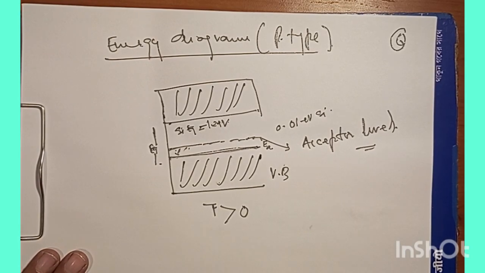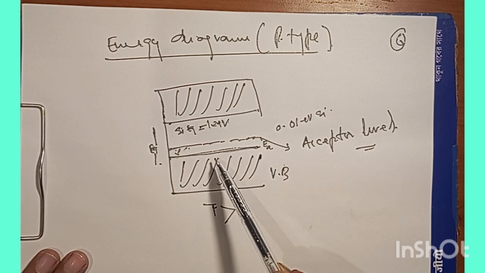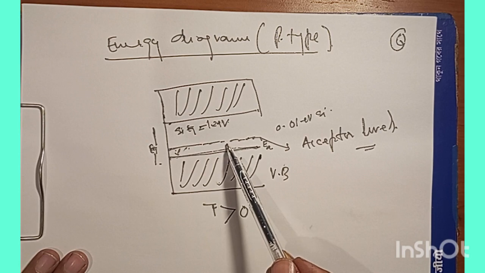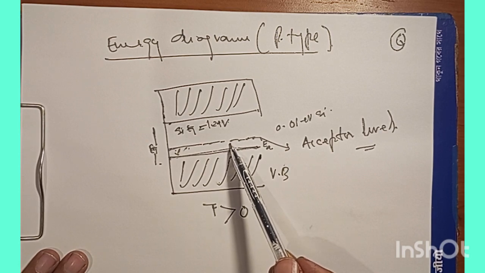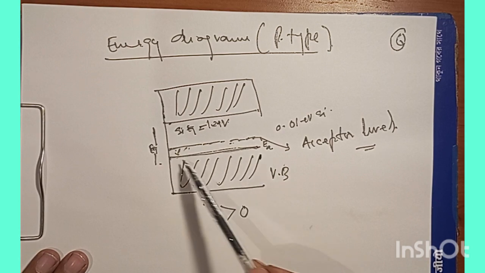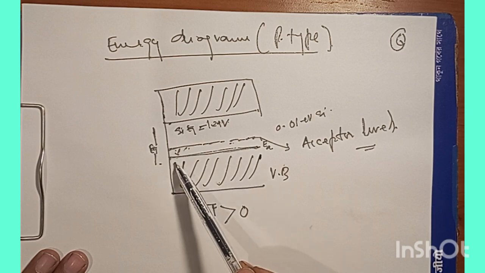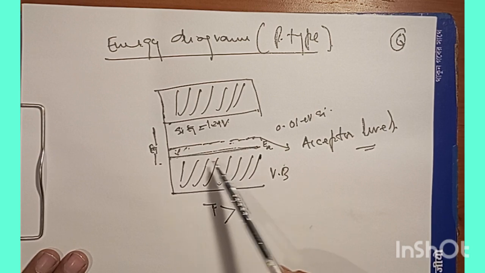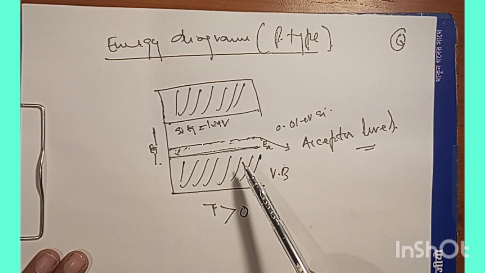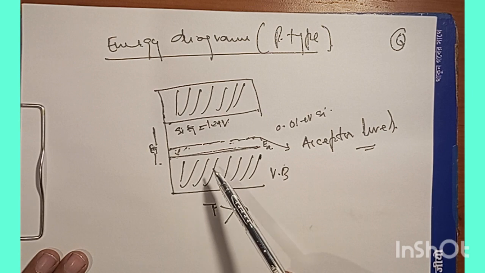So at room temperature, the thermally generated electrons in the valence band are easily transferred to the acceptor level, and hence a large number of holes are created in the valence band. So you are taking electrons to the acceptor level, and a large number of holes are created in the valence band, and these holes act as current carriers when the p-type semiconductor is connected across an external battery source.